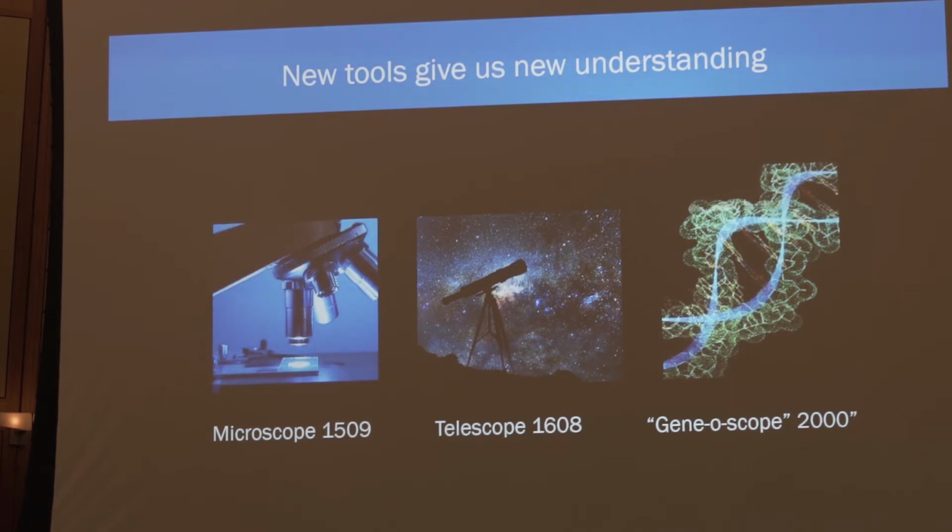The telescope showed us that we're not the only planet in the whole galaxy, heaven forbid. No, what I'm calling the genoscope are these DNA tools that Jeff has been talking about. And these DNA and RNA sequencing tools allow us to see like the microbial fingerprint of the environment.